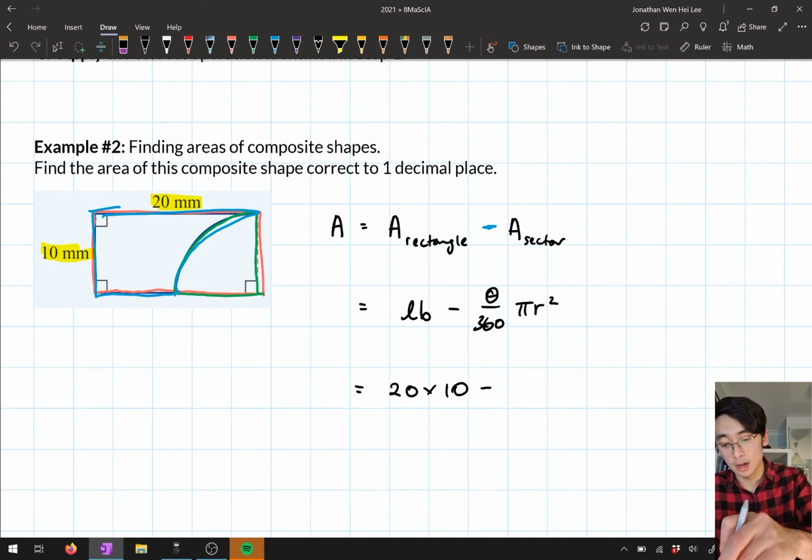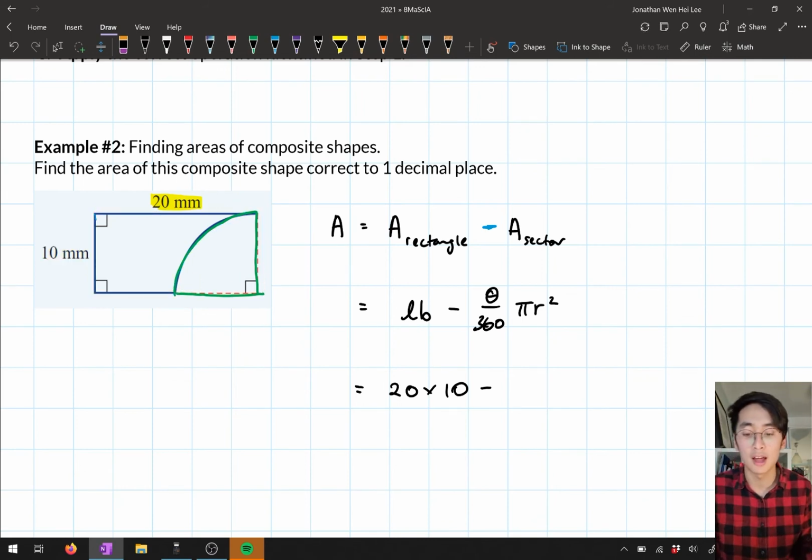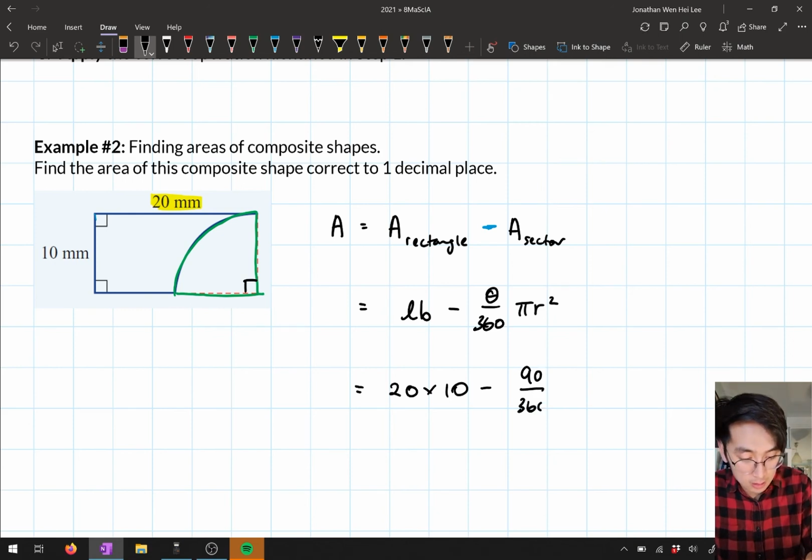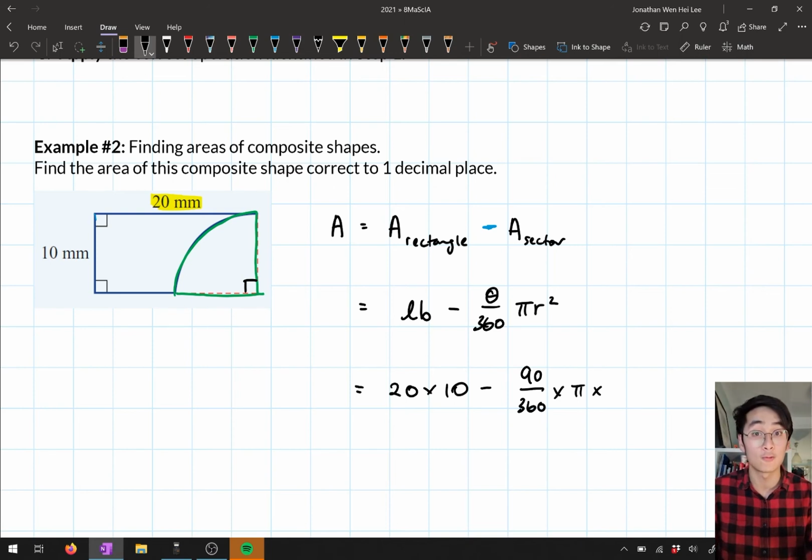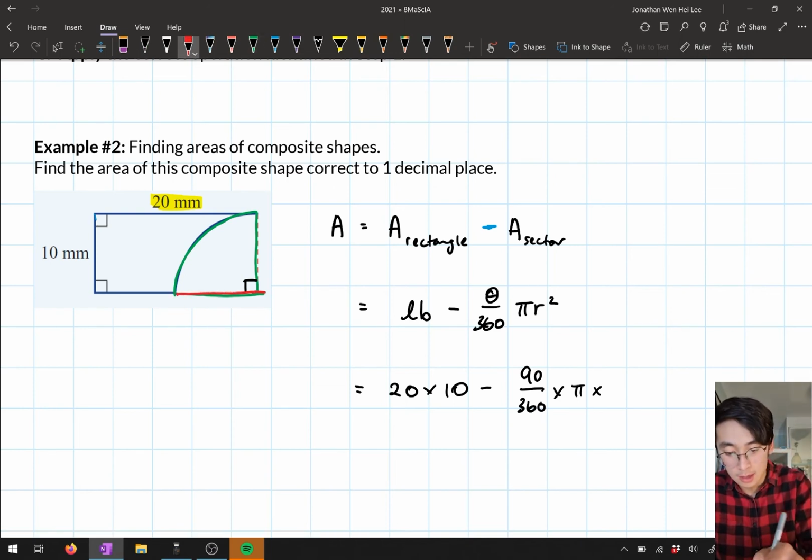Now for my sector, I'm just going to unhighlight that. If I have a look at that green part here, what we want to first do is figure out what the angle at the center of my sector is. And if you have a look here, they've given me this little box in the bottom right, which means it's a right angle or 90 degrees. So here it's going to be 90 over 360 times pi times, and the second thing I need to do is find the radius. The radius is going to be this length over here.